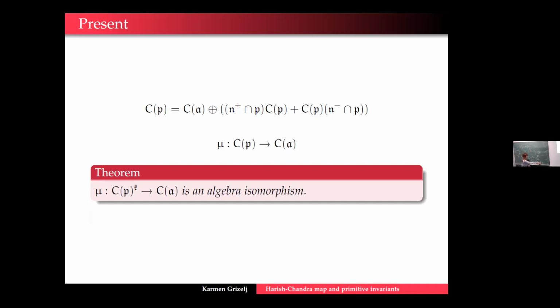But this P, okay, it is a Cartan subalgebra for K, but it's also some abelian subalgebra inside of G, which means you can also look at the T roots. And of course, generally speaking, these two are not the same.